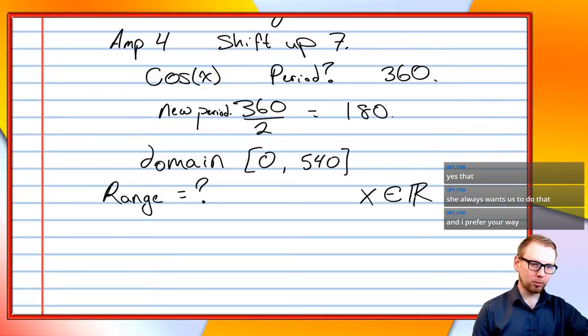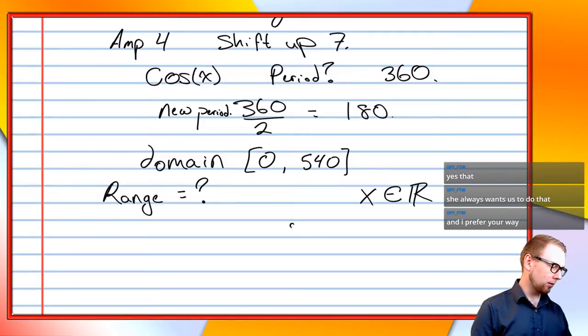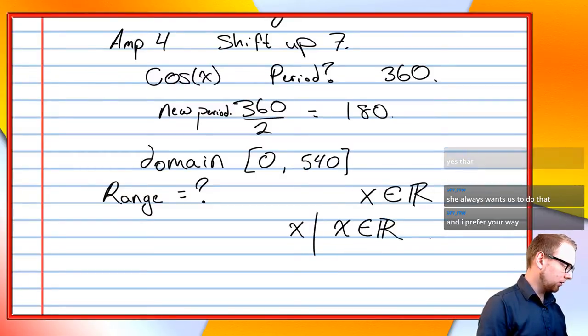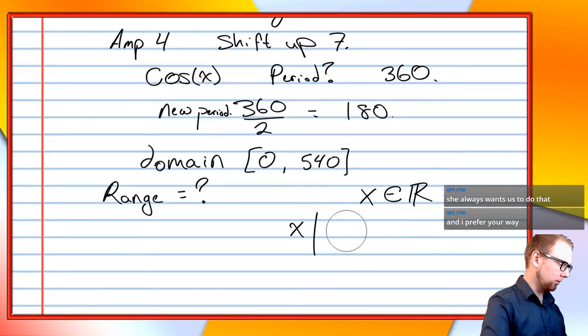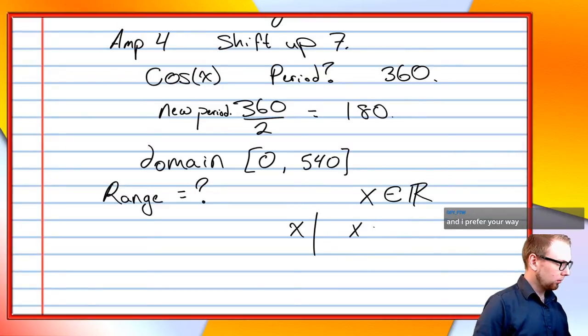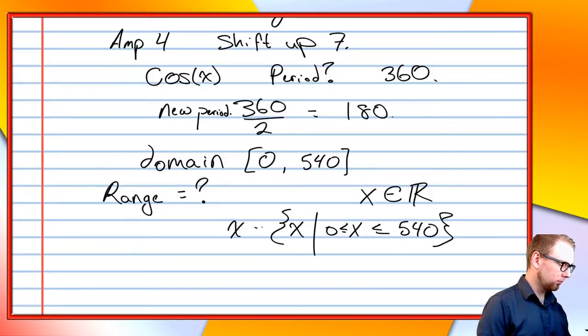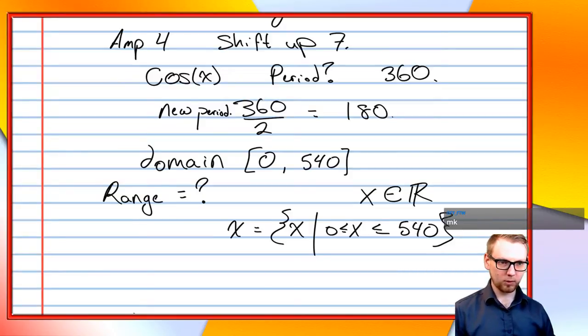My way is just a simple way of stating it. It's not the 100% proper way. If you wanted to say it properly, you want x such that x is in the reals, or x is between 0 and 540. You know what I mean?